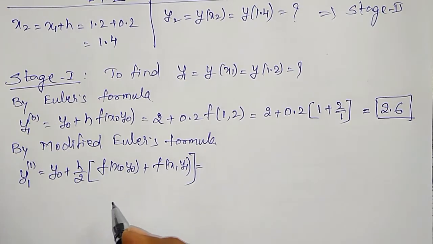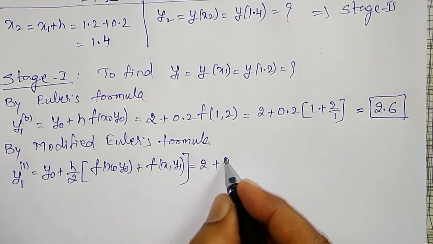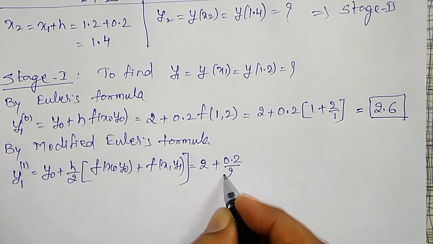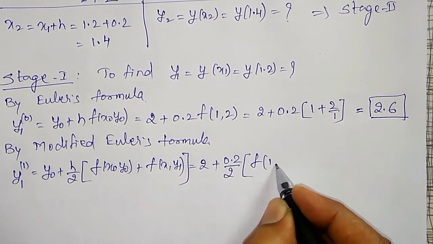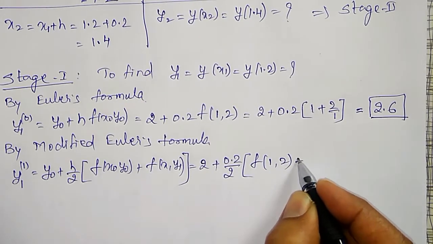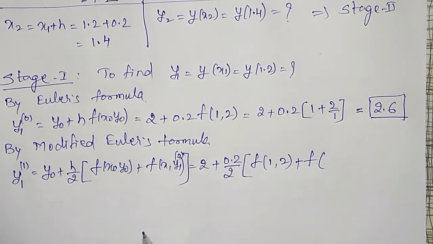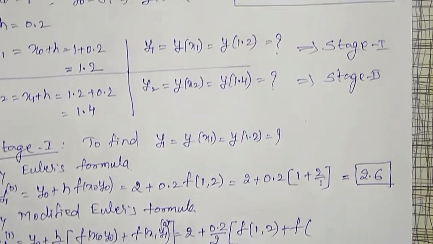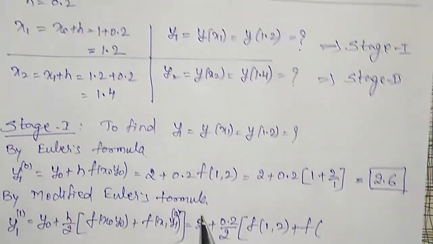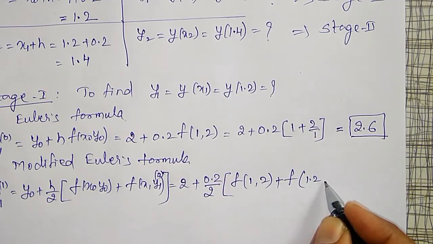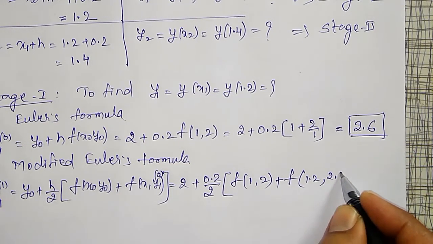Substitute the values here. y0 value is 2 plus h value 0.2 divided by 2 into f of x0 is 1, y0 is 2, plus f of x1 value 1.2, comma y1 zeroth approximation, that is 2.6, just now calculated.